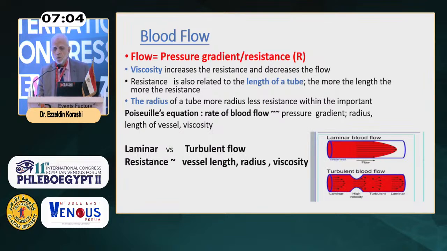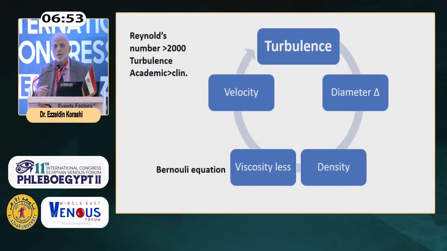And we are all interested in laminar flow, the nice normal flow, and turbulent flow. If we have a look at turbulence, we'll notice that turbulence is actually complicated, but the factors are interrelated.